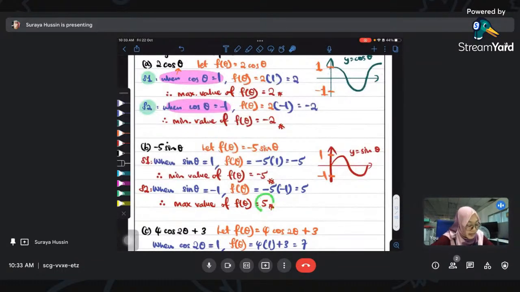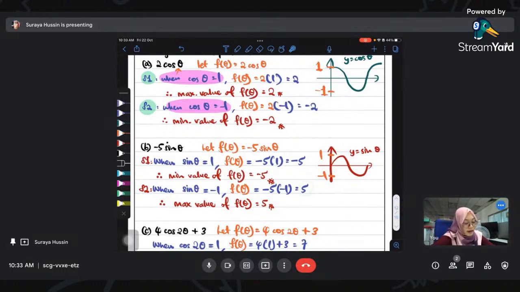Pada asalnya, kamu akan perasan, oh, this is minimum. Tapi tak. Bila you masukkan dalam function dia, you will realize that, oh, suddenly it become minimum. Negative 5, suddenly it becoming minimum. And here, dah 5 lah. Oh, suddenly it become maximum.